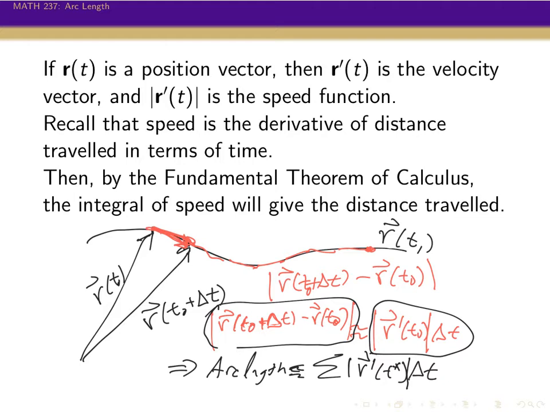We go through the whole Riemann sum process, take the limit as the number of cuts goes to infinity and the segments get shorter, and we end up with the integral of the magnitude of the derivative.